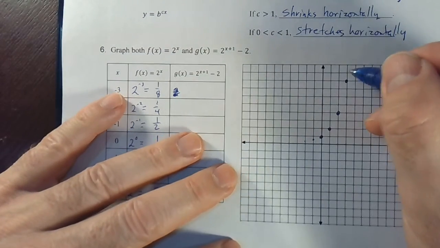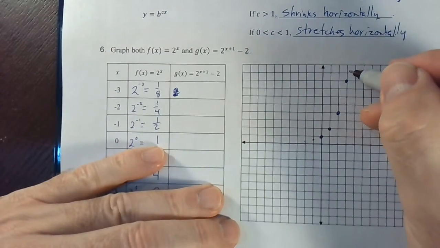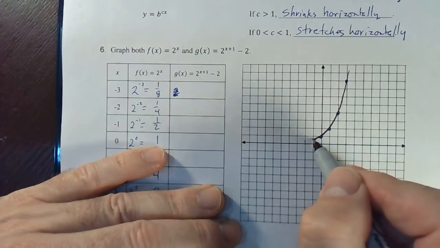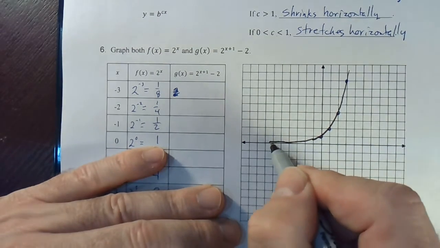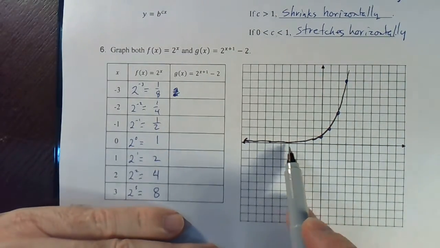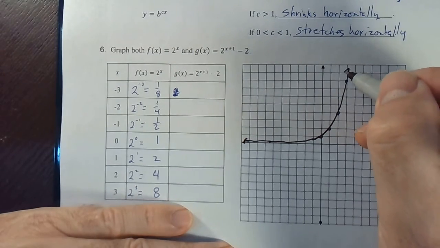So let me do the same graph we did last time. Okay, I may have accidentally made it touch the x-axis. It never touches the x-axis that way. That x-axis is a horizontal asymptote.